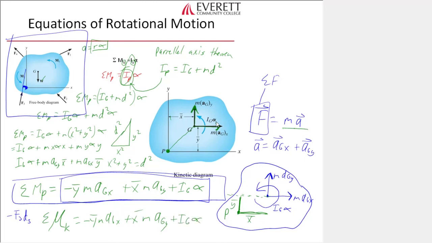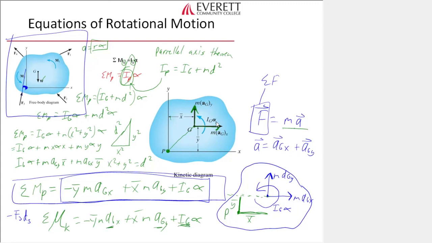Basically, the only thing a kinetic diagram gives us is the ability to quickly come up with this equation and relate it to the summation of all the forces on the other side, giving us an equation that allows us to solve problems by using a_G, the acceleration of that center of mass, and the moment of inertia about that center of mass.